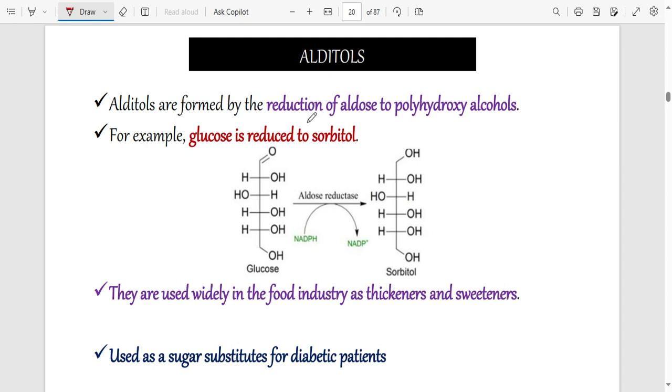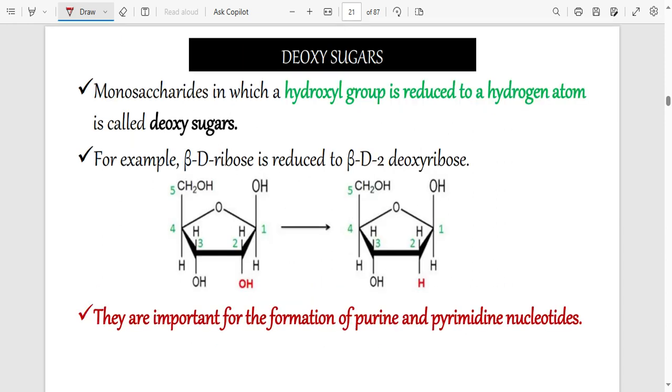It's not oxidized; it is reduced. So you need to make sure that you understand each statement being mentioned. Sorbitol can be used in the food industry as a thickener and sweetener. It is also used as a sugar substitute for patients with diabetes.